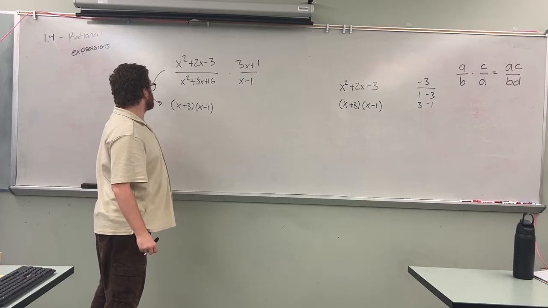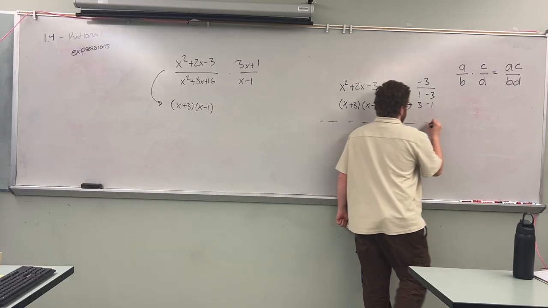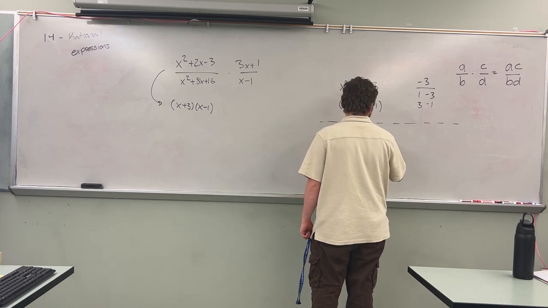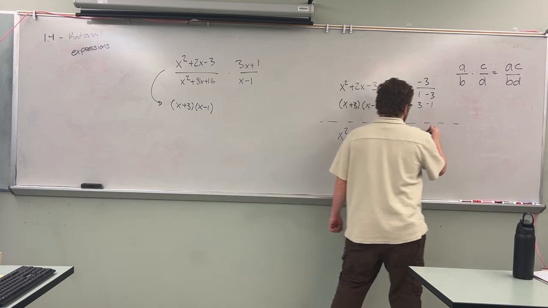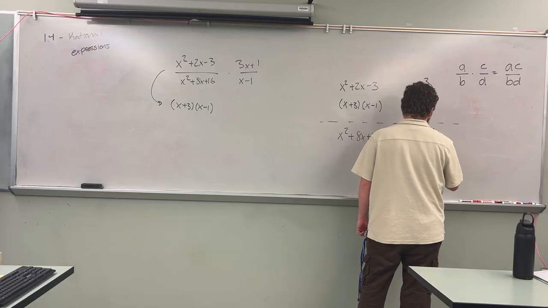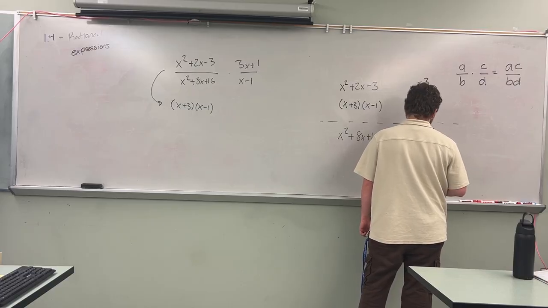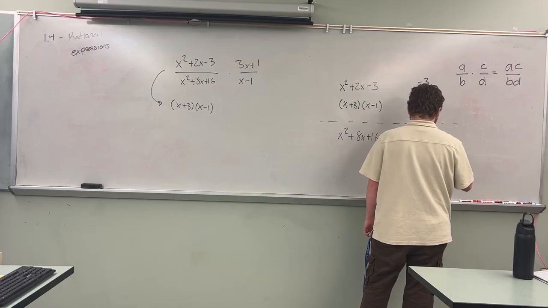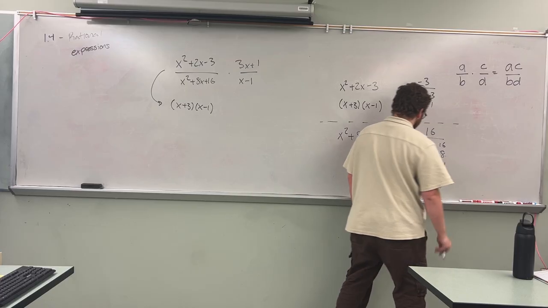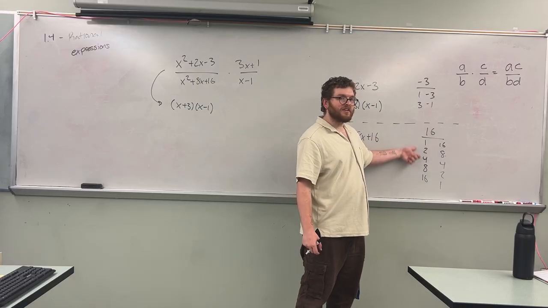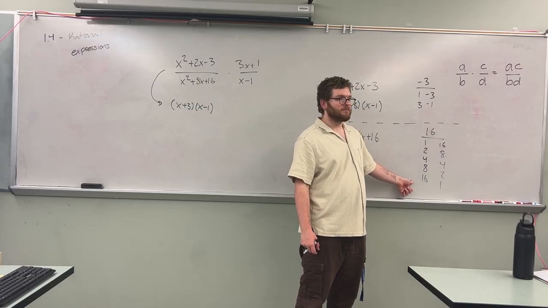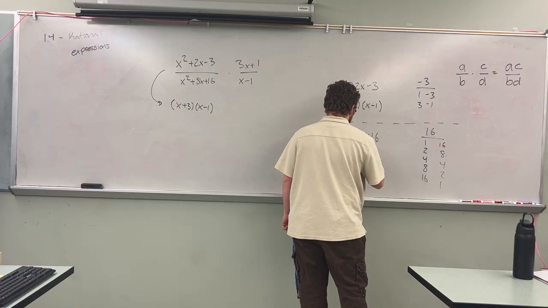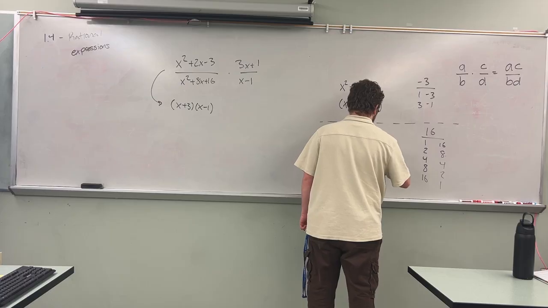I need to factor this bottom part now. X squared plus 8x plus 16. Factors of 16 are 1, 2, 4, 8, and 16. Which of these pairs adds to 8? 4 plus 4. So I get x plus 4 times x plus 4.